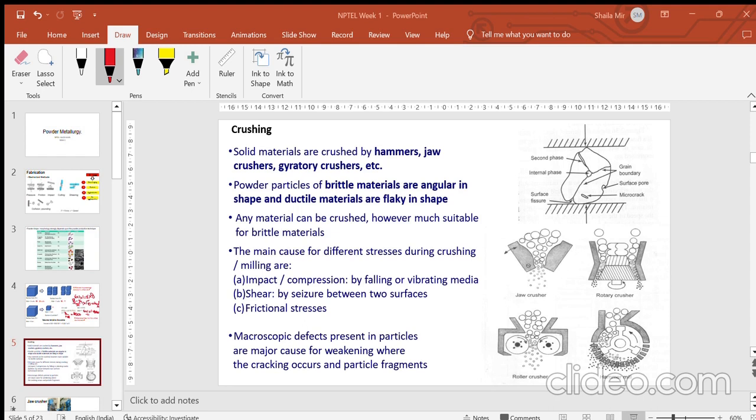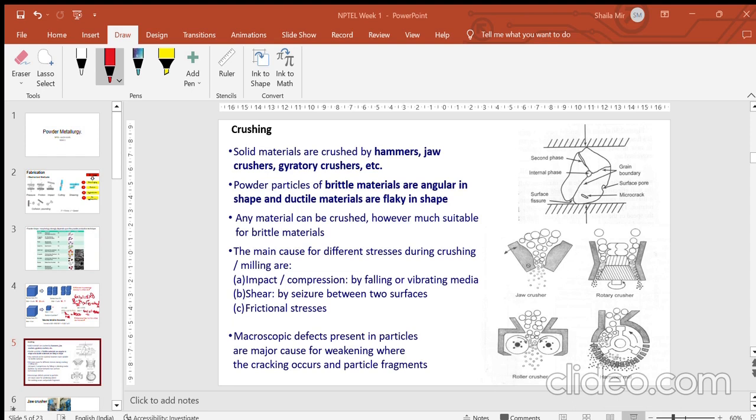So you have to identify that crushing is basically the propagation of a certain defect inside the grain, inside the powder, and as the defect propagates, it results in the breakage of this particle. There will always be certain micro cracks, grain boundary defects, or internal phases present in the powder that will propagate on application of the forces, and it will result in formation of the powders.